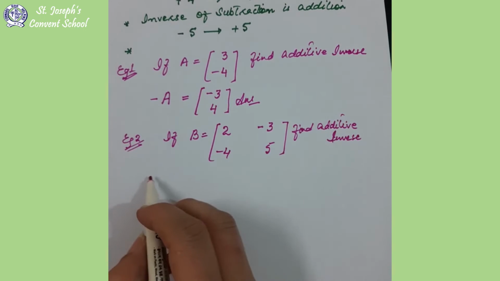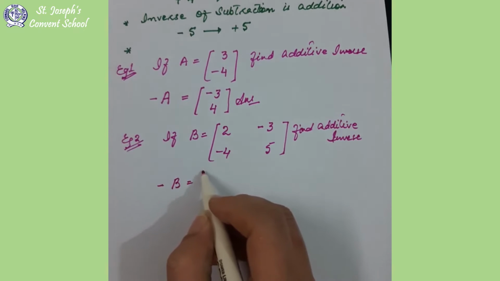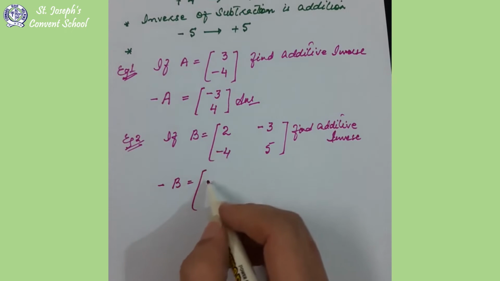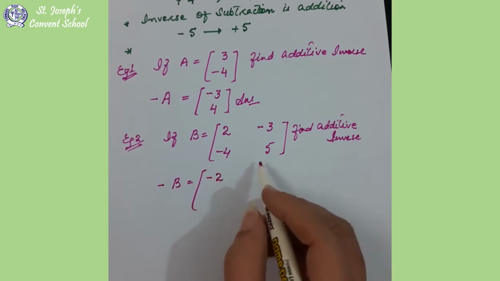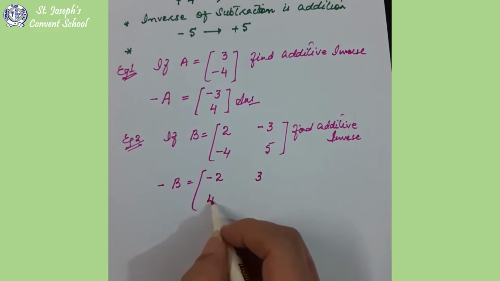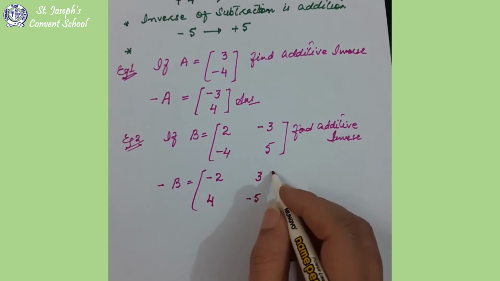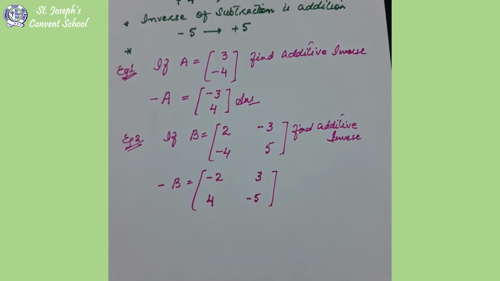So how do you find the additive inverse? Minus B. Minus B means change the signs. Plus 2 will change to minus 2, minus 3 will change into plus 3, minus 4 will change into plus 4, and plus 5 will change into minus 5. No need to write the plus sign because it is understood that the sign is positive.